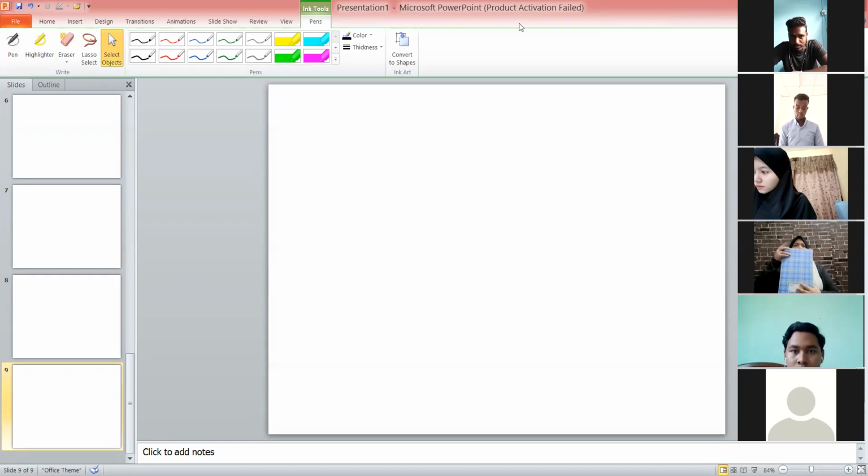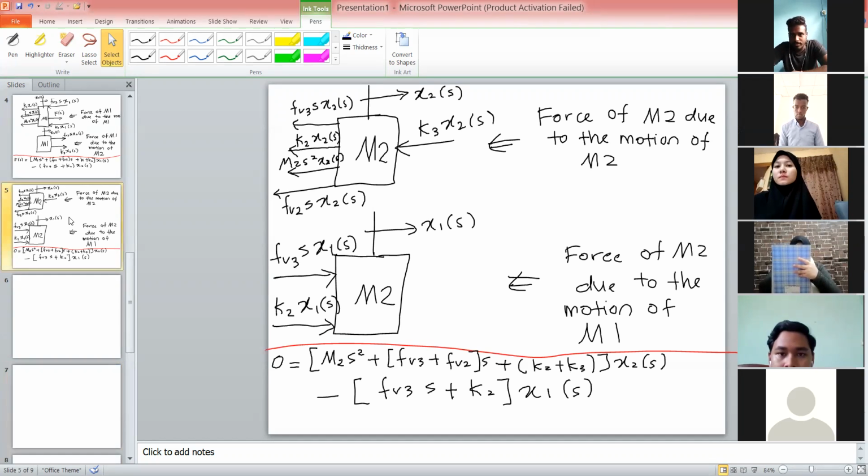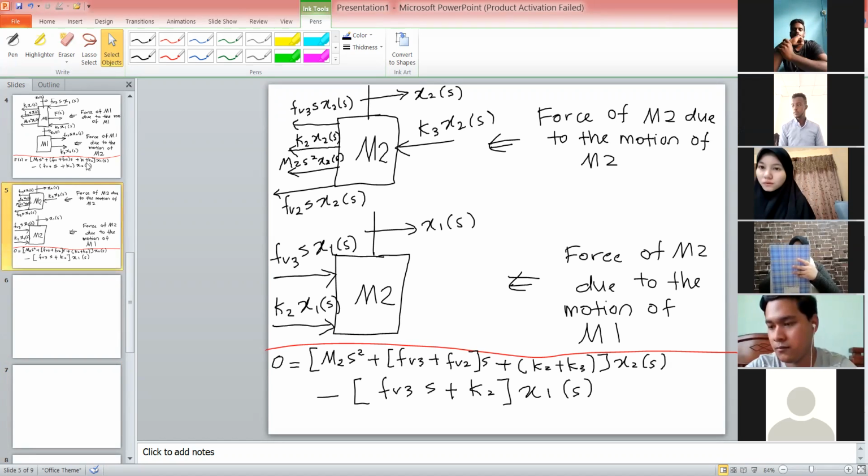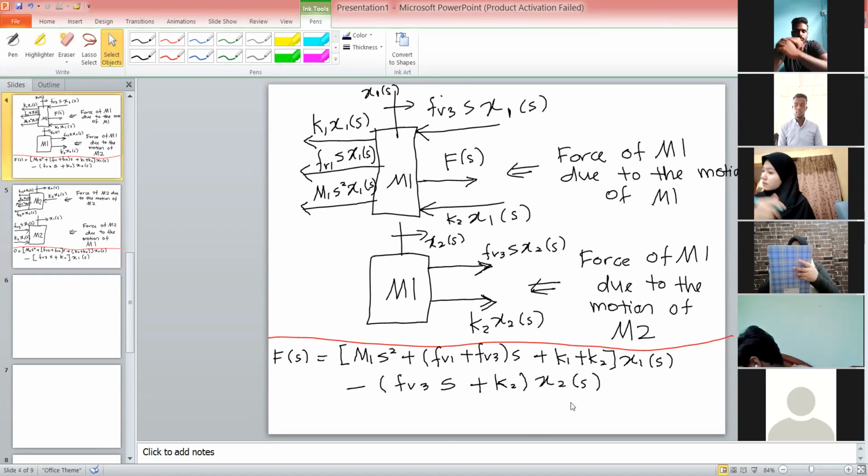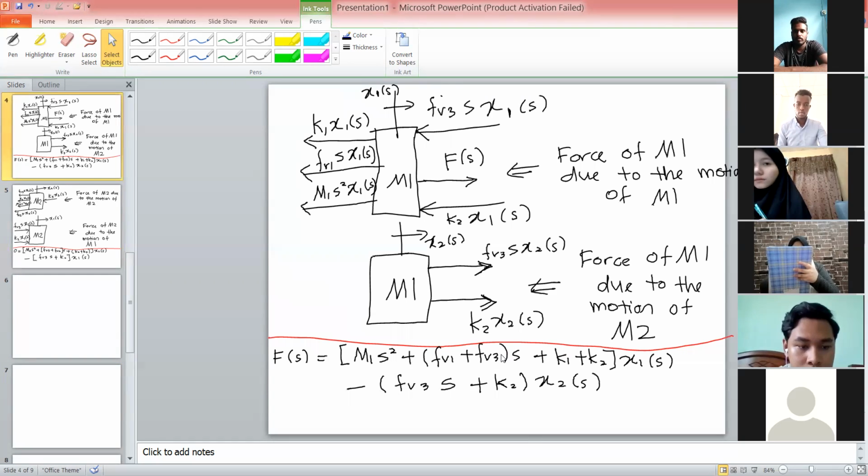Okay, we continue now. Just now I explained to you we have two equations. This is the first. Can you see my screen? Can you see the slide? Yes, doctor.